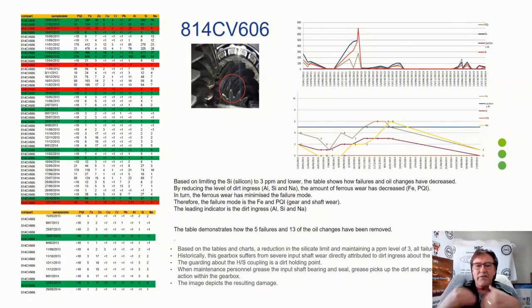So further engineering changes to that gearbox in that application eliminated all of these types of things going further forward. But again, statistical data: what was the functional failure of that gearbox? Gear wear. And what was the leading indicator of that? Dirt ingress.